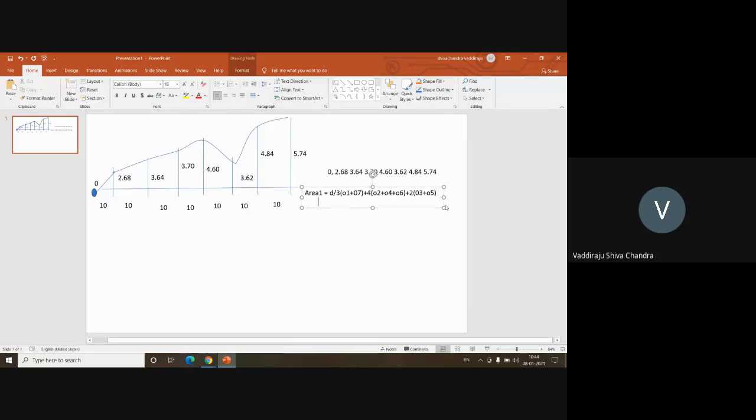So what is the value of D as given? 10 meters. 10 divided by 3. What is the O1 value? 0. Plus, what is the O7 value? 4.84. Plus 4 times of, what is the O2 value? 2.68.